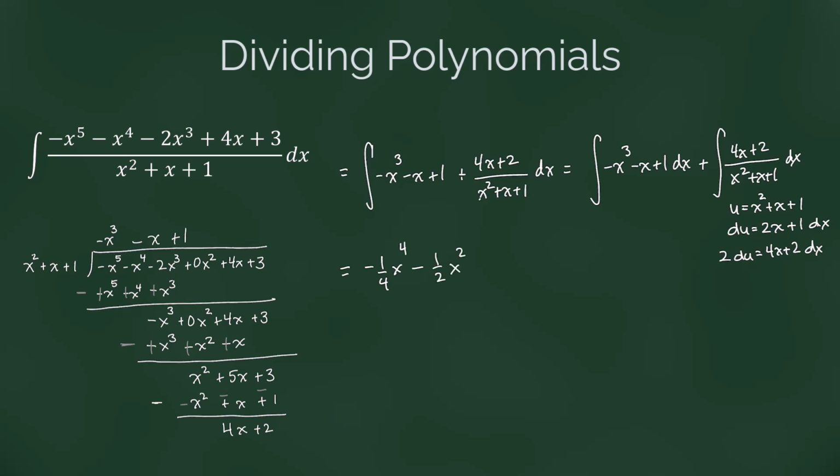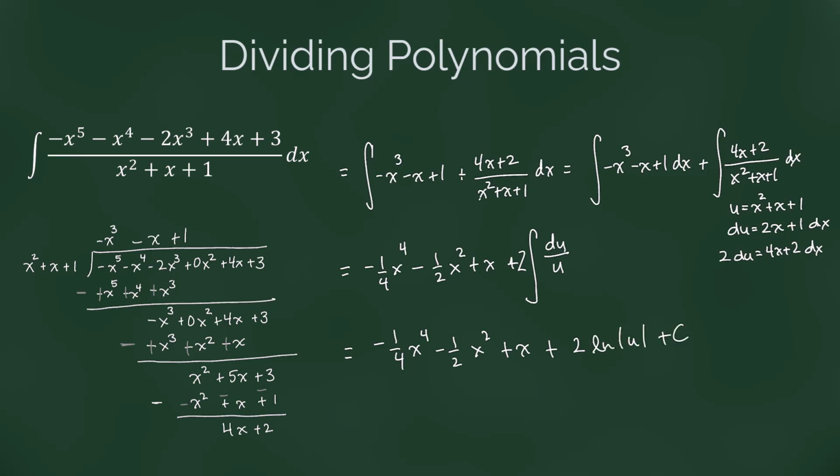Now we take the antiderivative of the first part. We get negative 1/4 x to the 4th minus 1/2 x squared plus x. We're not going to worry about c just yet. We're going to add to that 2 times the integral of du over u. Rewriting the first part, negative 1/4 x to the 4th minus 1/2 x squared plus x.